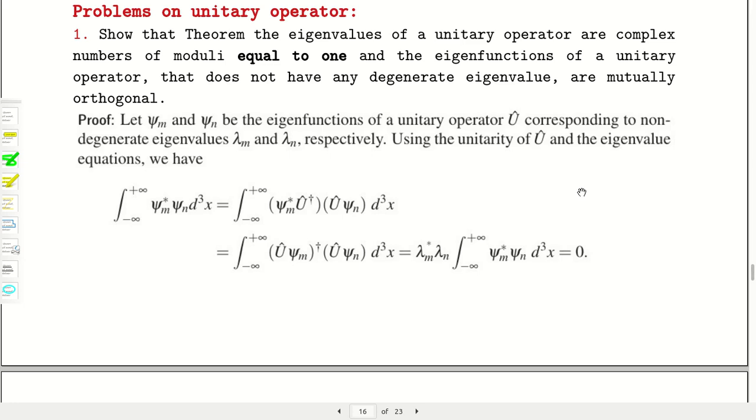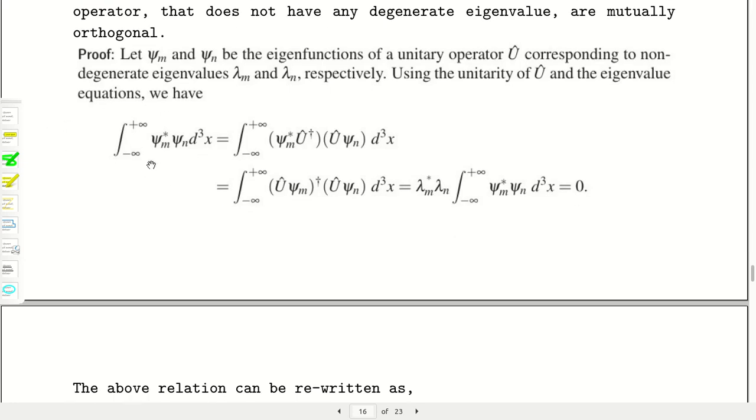So these are there, and start from here: the integral of psi m star psi n d cube x, that is, the integration over all the space, minus infinity to plus infinity. You can avoid writing this because it is all over the space.